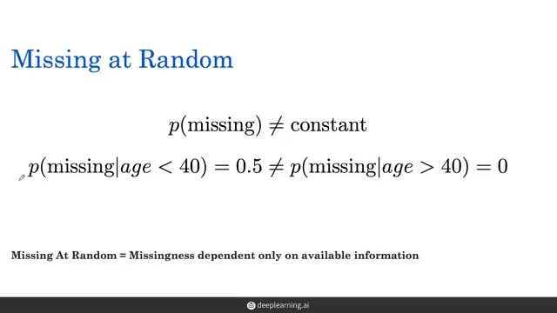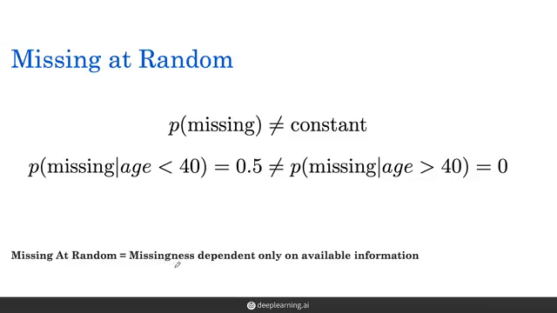And one example of that is simply that the probability that my blood pressure is missing if the age is smaller than 40 is the flip of a coin, is 0.5, which is very different from the subset of patients for whom age is greater than 40, for which the probability that their blood pressure measurement is missing is 0, because we always record it.